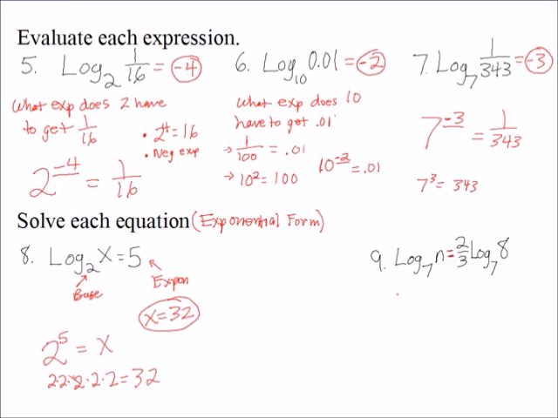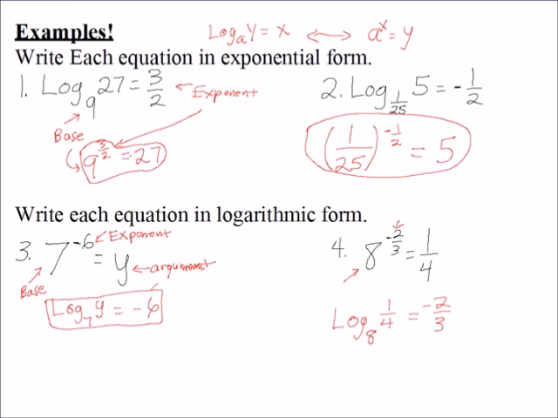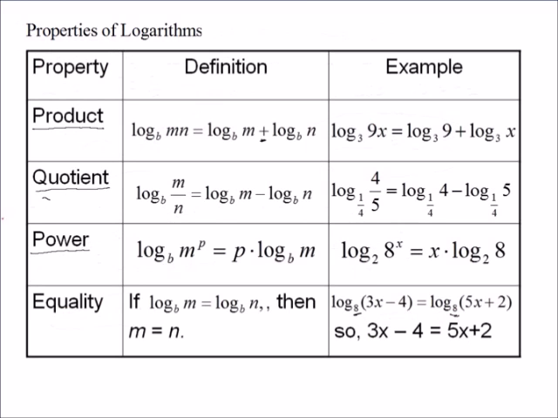There are two properties that we have to worry about: equality, when you have two equal signs, and the power property, because you have this 2/3 in front of the log. If you go back one page to the notes that you took on 2 pages, you have the power property and the equality property.